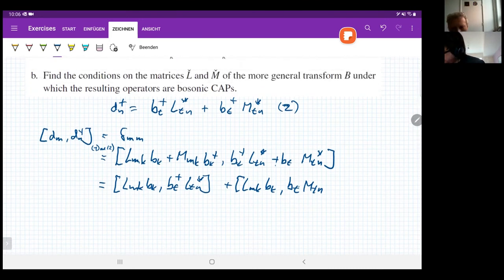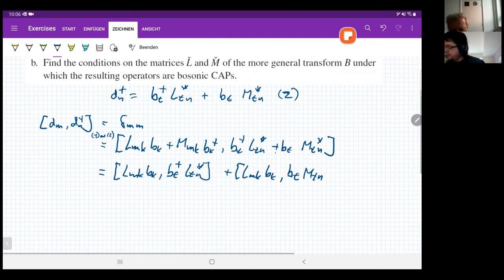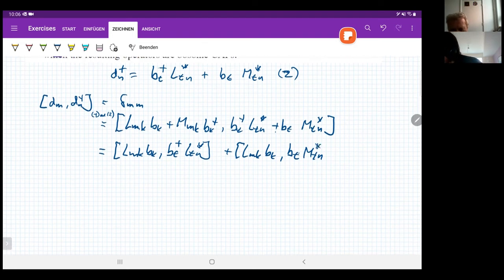Sorry, there's a mistake in this equation. Here, there's no dagger. And we get also the second terms, the second row.